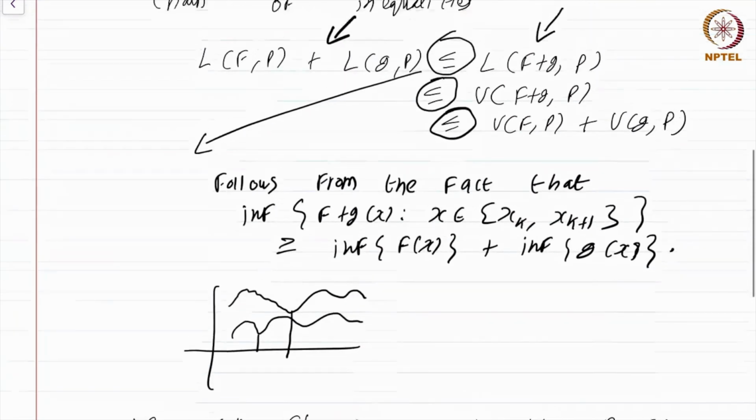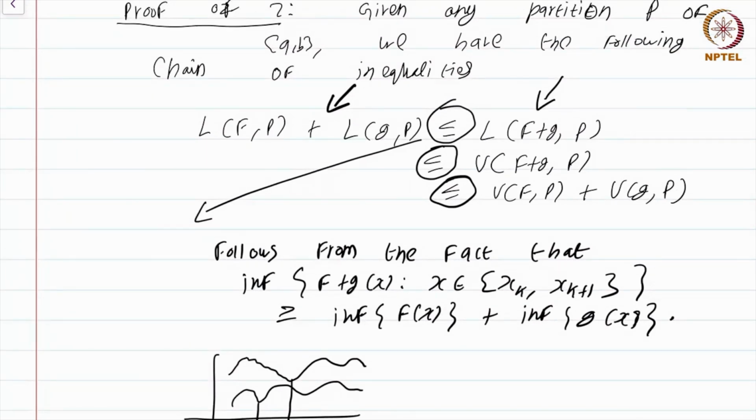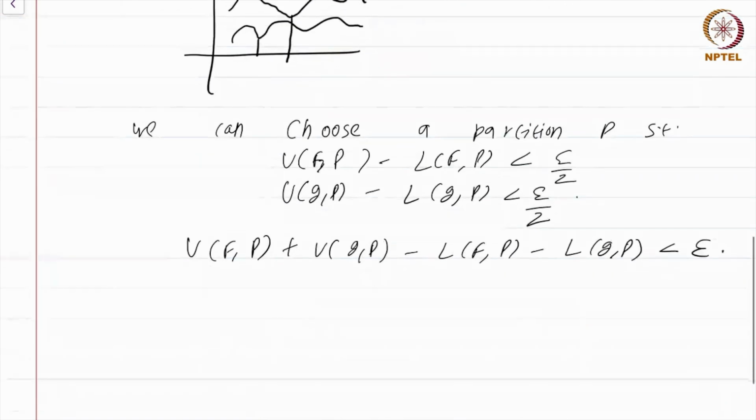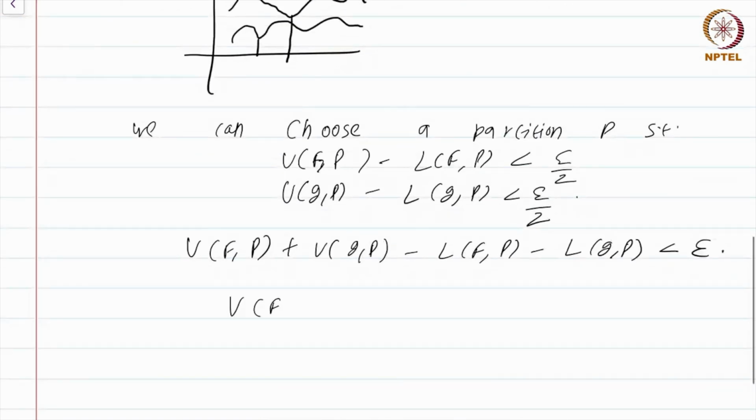Let's go back a little bit up. What do we have? We have L(f,P) plus L(g,P) as the left extreme and U(f,P) plus U(g,P) as the right extreme. What this says is that we immediately get U(f+g,P) minus L(f+g,P) is less than epsilon.